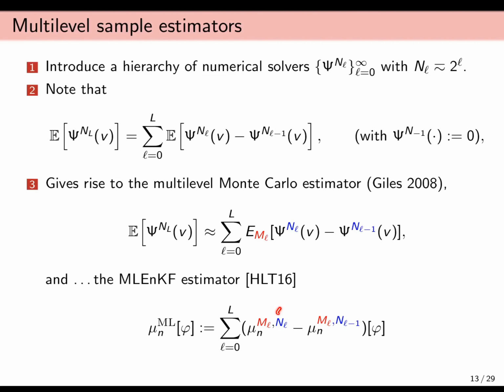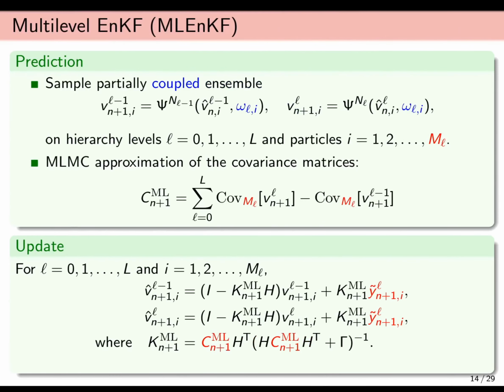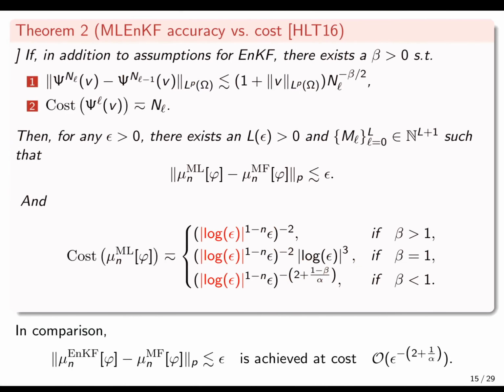And on top of that, all the particles on the different resolutions are actually updated using the same Kalman gain, which is obtained from the particles on all levels. So this is explained in some detail here, but I'm not going through it due to the time limitations.